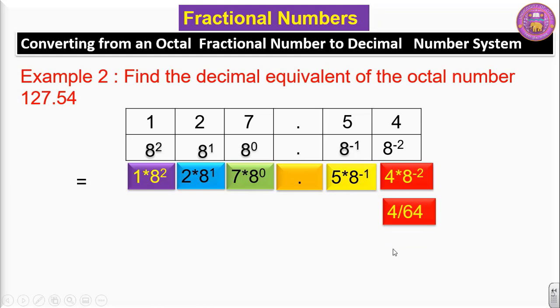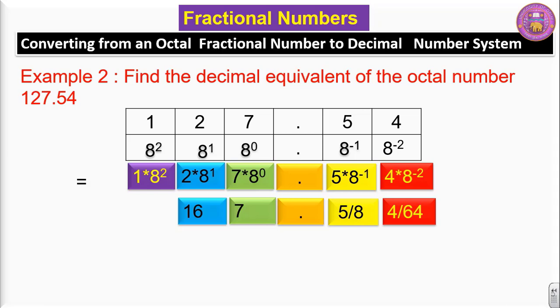Once we solve it, we get 4 divided by 64, 5 divided by 8, decimal symbol, 7 multiplied by 1 equivalent to 7, 2 multiplied by 8, 16, 1 multiplied by 8 raised to power 2 is 64.